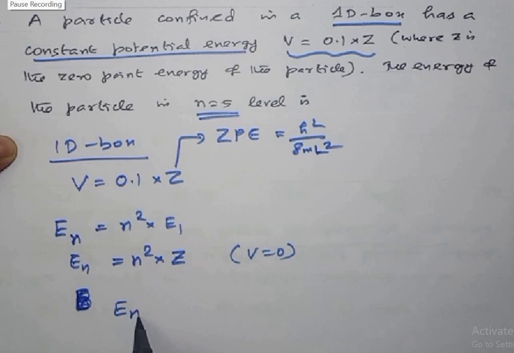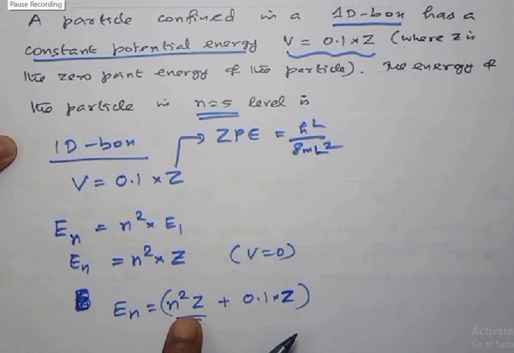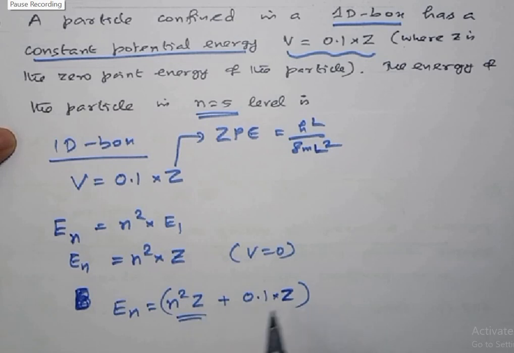Therefore, En is equal to n square into Z plus 0.1 into Z. This is the formula. This is actually the translational kinetic energy and this is the potential energy. Now you take Z as common, so En equal to n square plus 0.1 times Z.